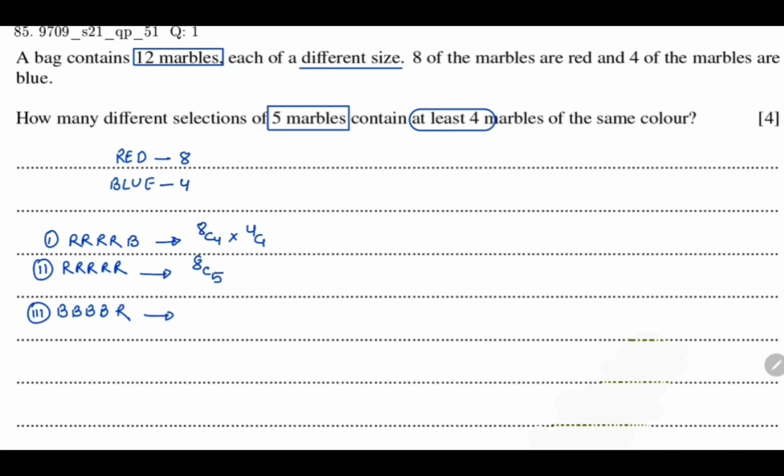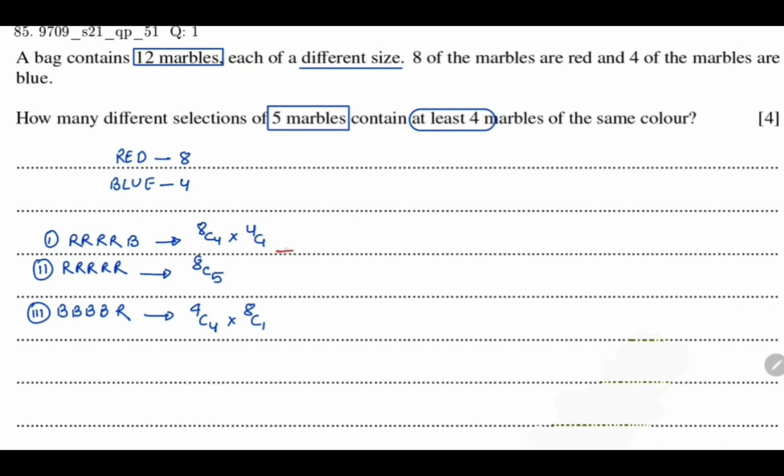And for the third case, I made a mistake: 4 blue marbles are selected, that is 4C4, all the blue marbles, and one red marble, which is 8C1.